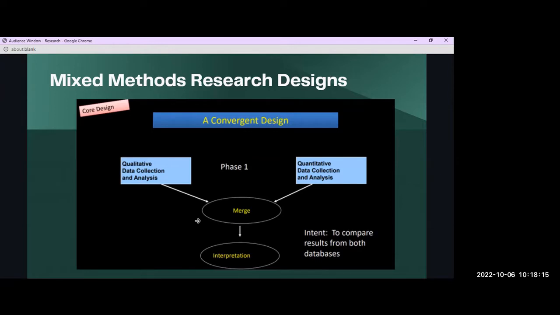So it depends upon the results of that study. But you converge those particular results in order to come up with a certain outcome. The data integration will give us an idea whether the results are conforming or corroborating each other.